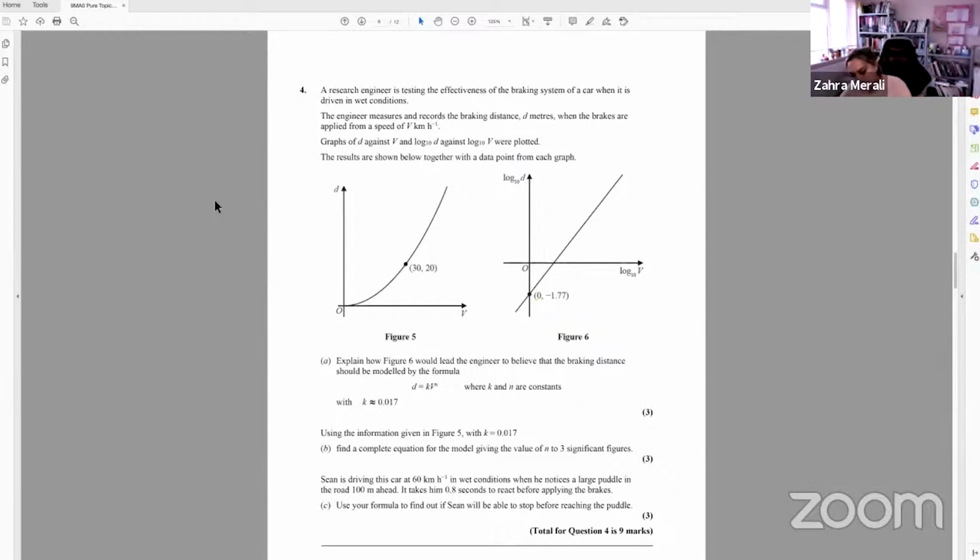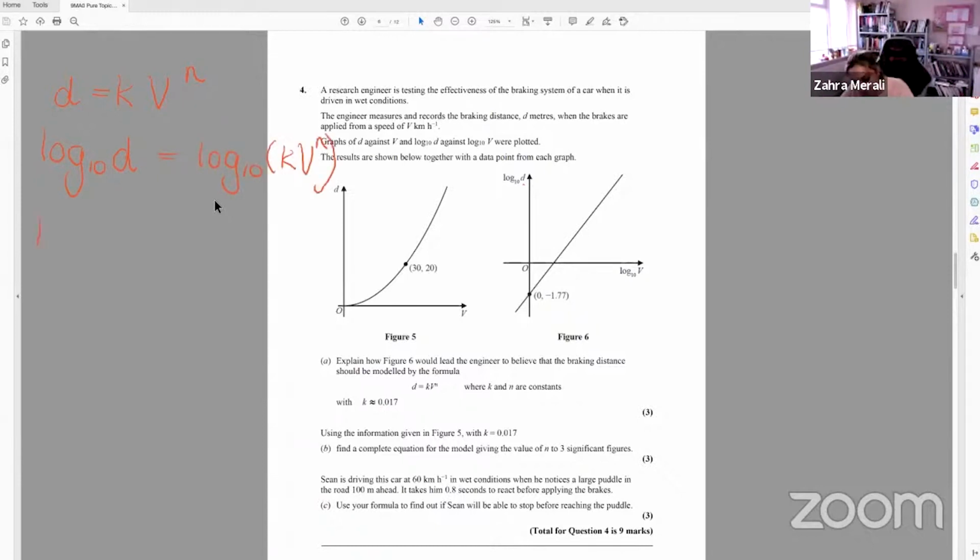Okay, so he believes that the formula they should be using is d equals kv to the n. Now if we look at that line, it's not d against v, it's log 10 d. So I'm going to take log 10 to get log 10 d on one side, and that means I want log 10 on the other side as well.